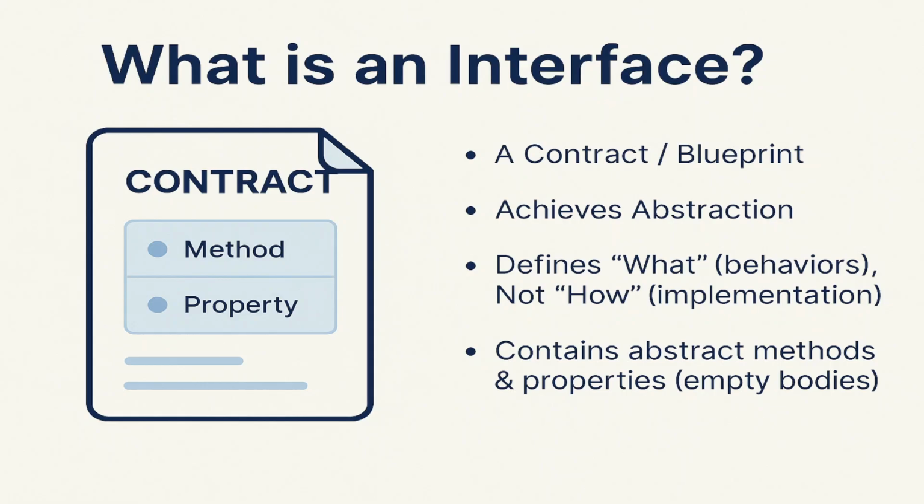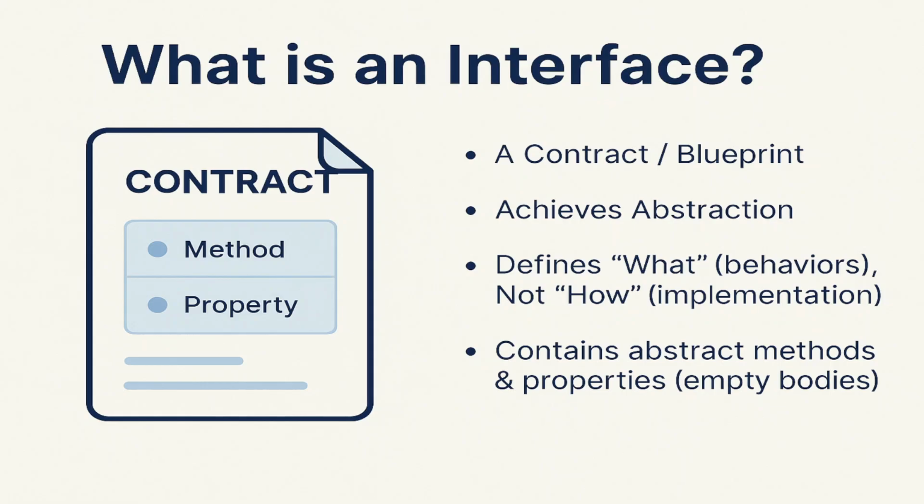But I want to put a disclaimer here that before C Sharp 8.0, you cannot have the implementation within the interface. But after C Sharp 8.0, you can have the implementation. And this is very important, the stuff which you should be knowing.